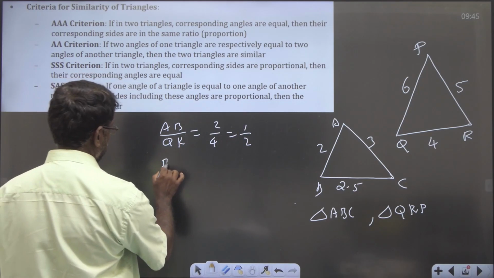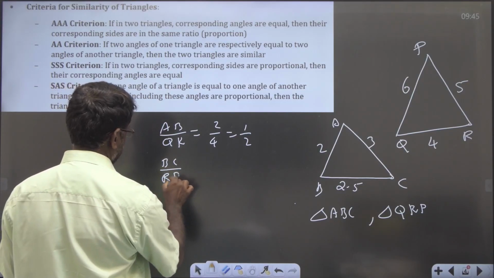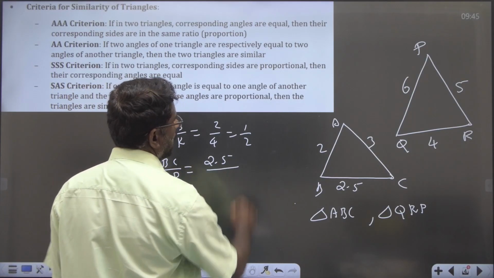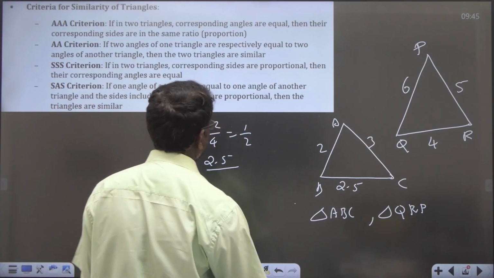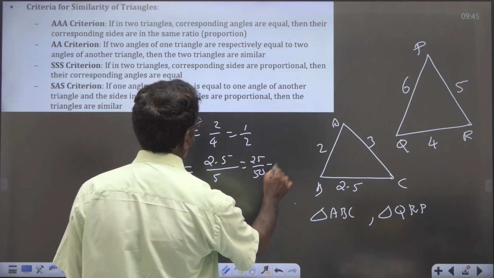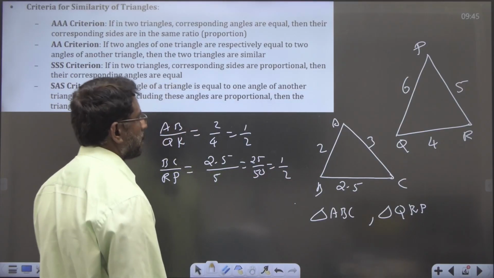BC by RP: what is BC? 2.5. What is RP? 5. That is 2.5 by 5, that is 1 by 2 again.